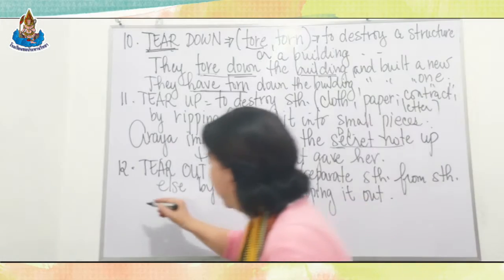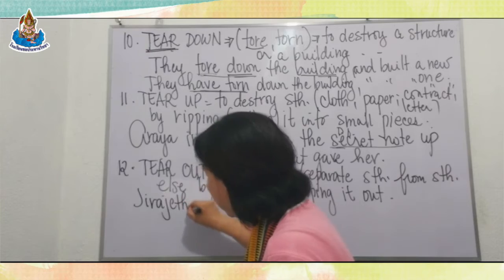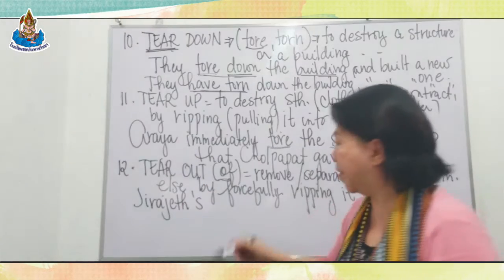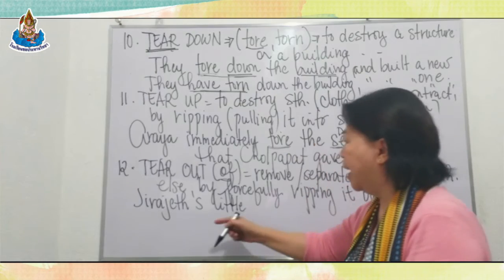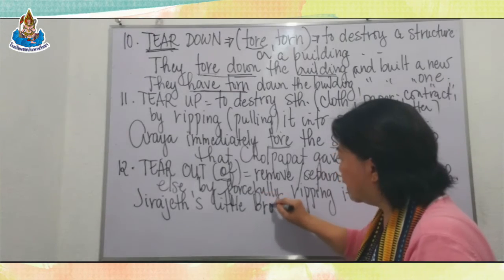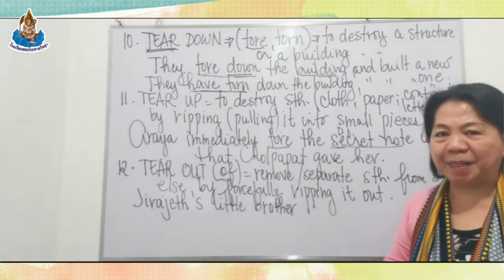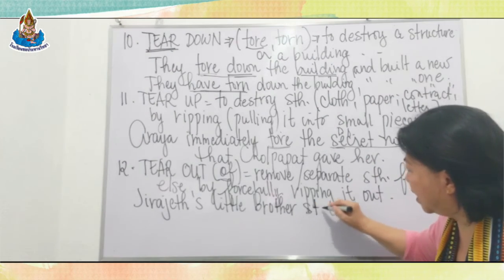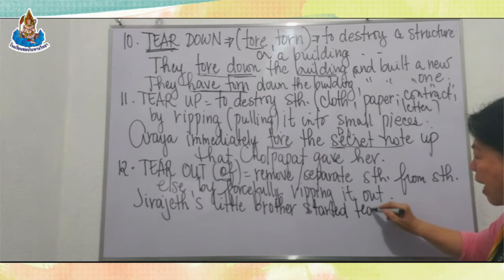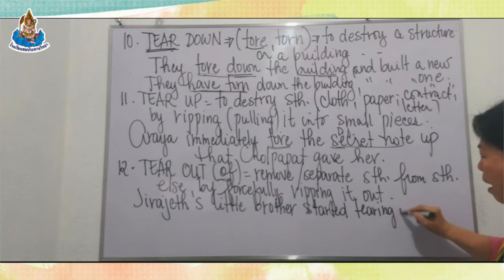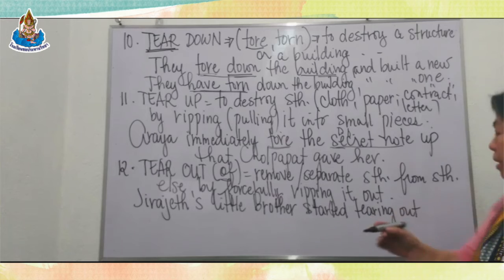Let's have Jirajet. Jirajet's little brother, maybe, he found the notebook of Jirajet. So what did the brother do? Started. And then I am going now to use also the ing form. Tearing out. Started tearing out the pages.